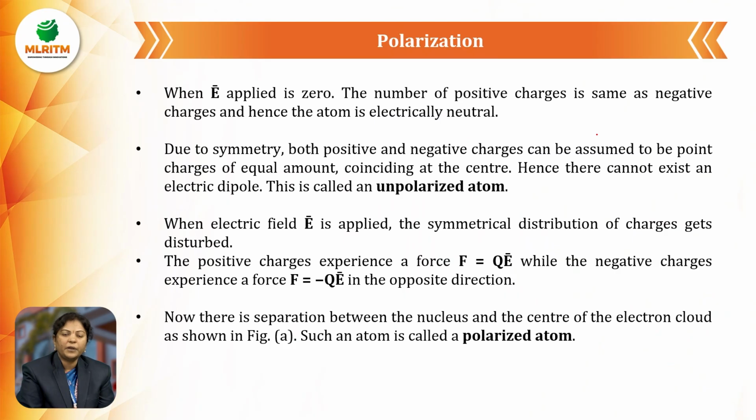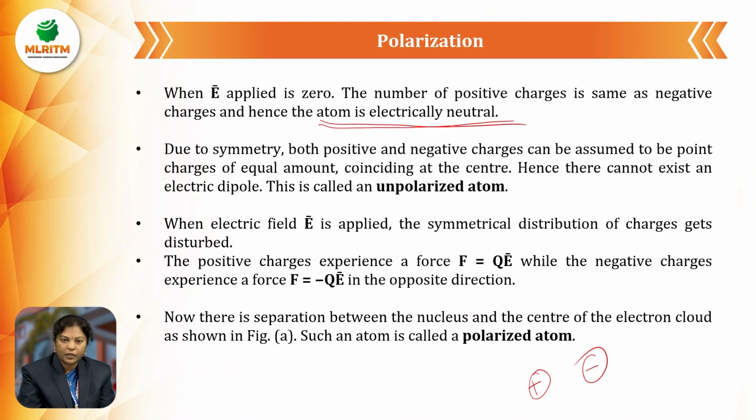When the applied electric field is 0, the number of positive charges is the same as negative charges. Hence, the atom is electrically neutral. There are positive charges equal to negative charges, so that atom is an electrically neutral atom.